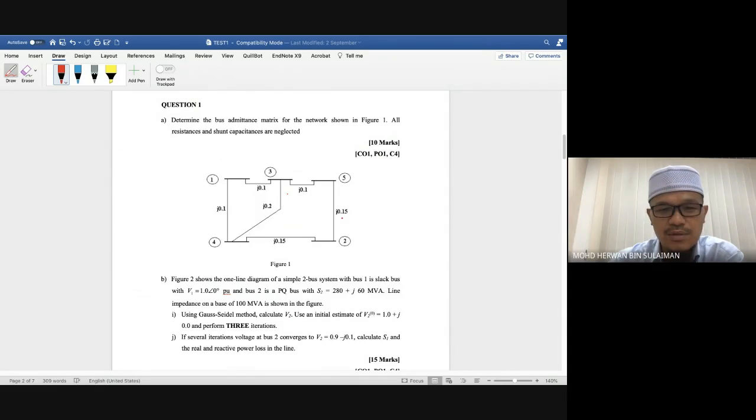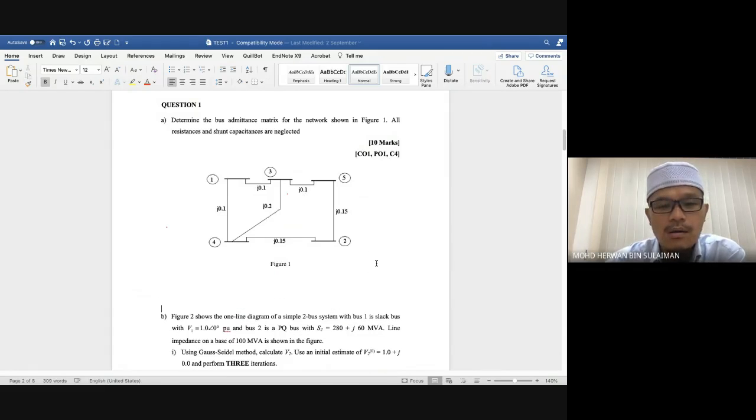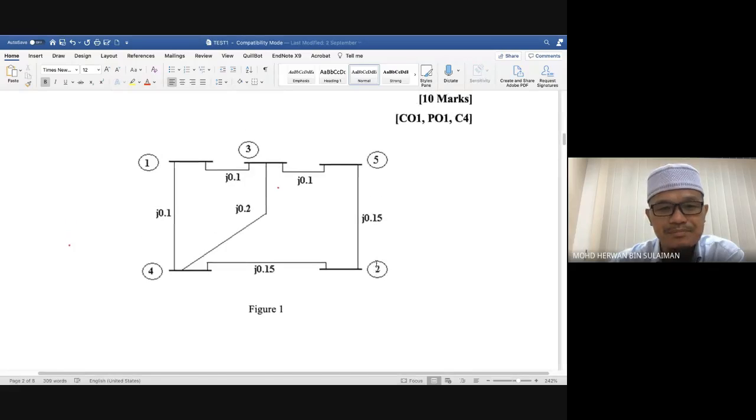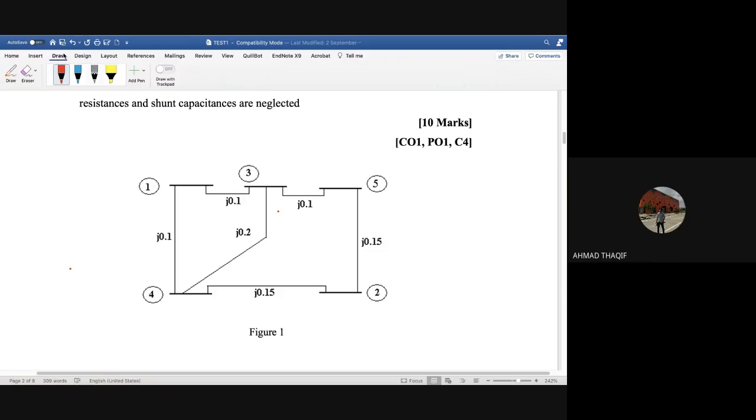So we have this example. Nampak ah? Nampak sir, nampak.